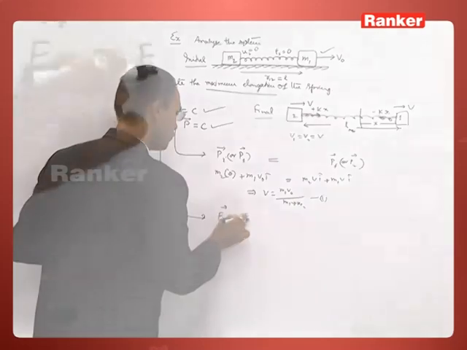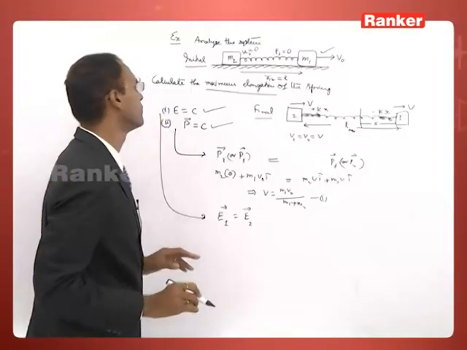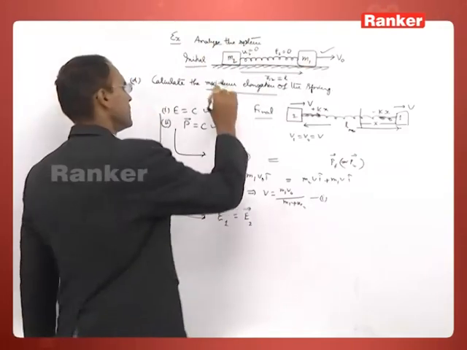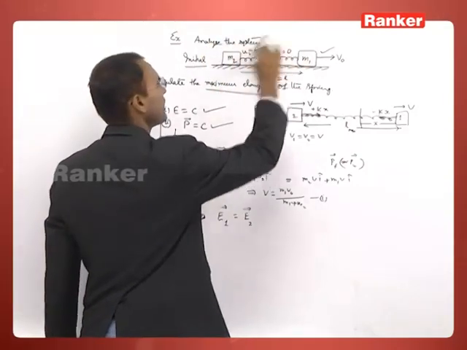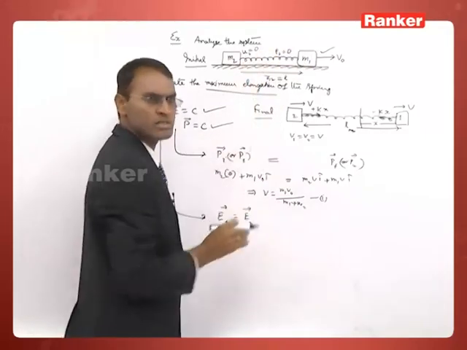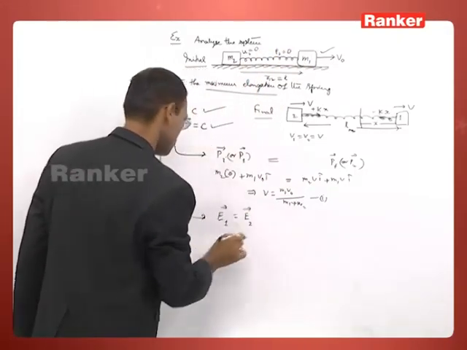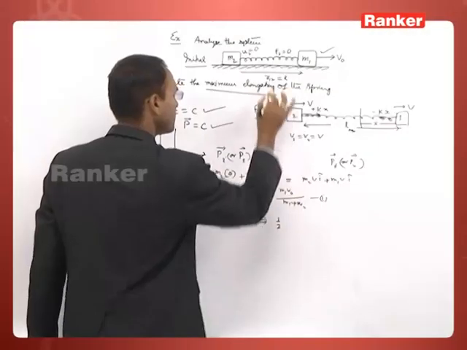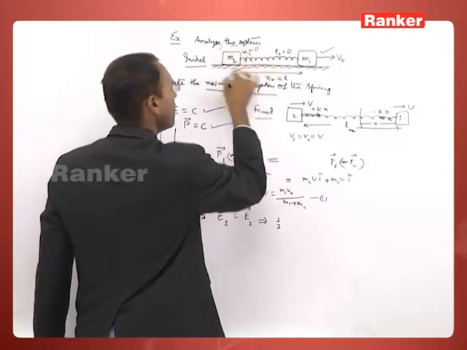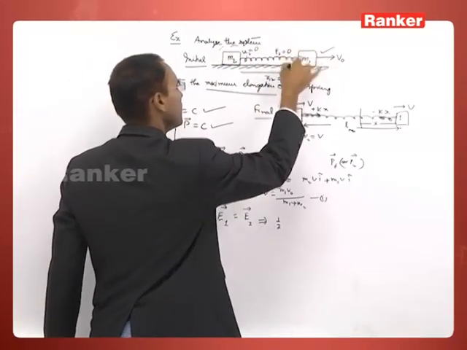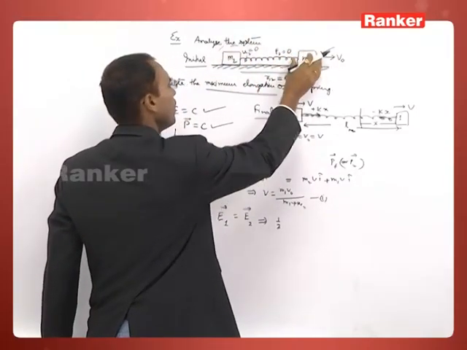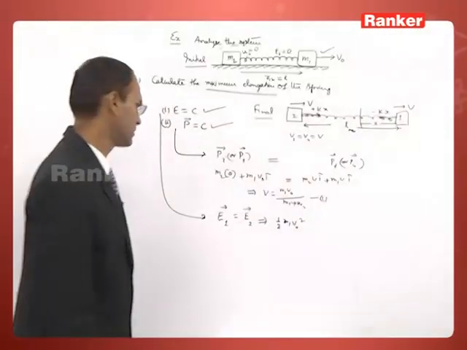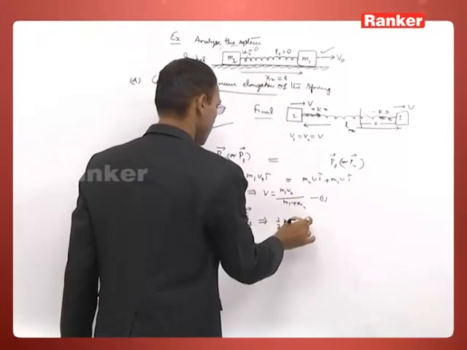E1 is equal to E2. In the system, the total mechanical energy is purely kinetic because there is no potential energy stored in the spring. So E1 is equal to kinetic energy of the system. This block has no velocity, no kinetic energy initially. Therefore, the total kinetic energy of the system will be equal to the kinetic energy of this block only. That's equal to half m1 v naught square. And spring potential energy is 0.